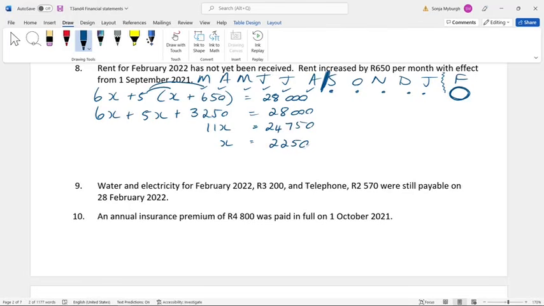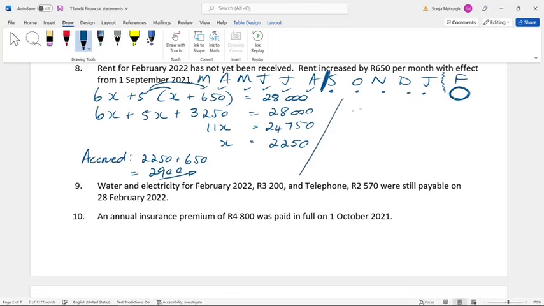That was before the increase. So our accrued income will be the 2,250 plus that increase of 650 to give us 2,900 that we are still supposed to receive for rent.